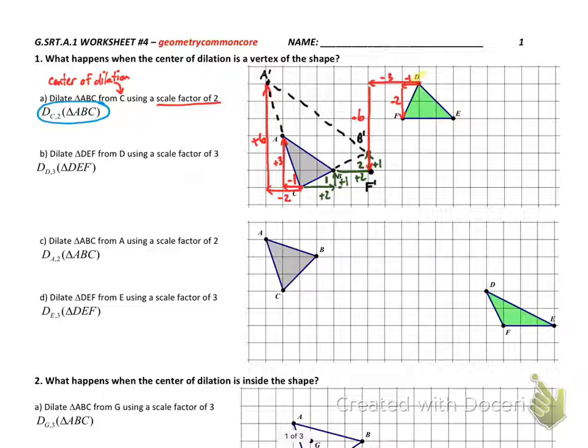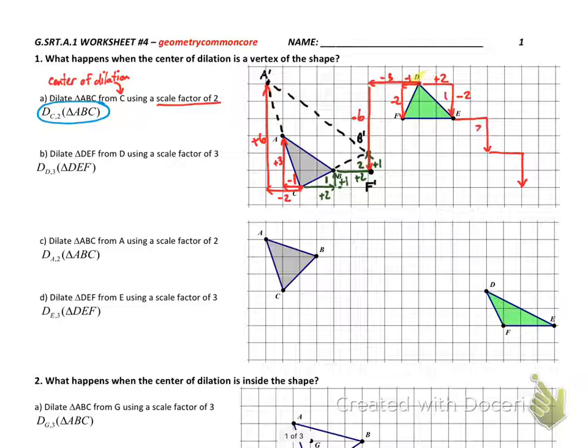And again, the way I can think about dilating point F, if I like this way better, is I can do this movement right 2, down 2. I can do that 3 times. So there's 1, 2, 3.